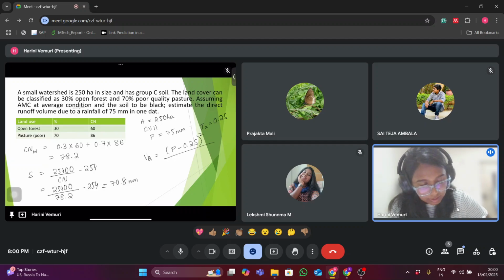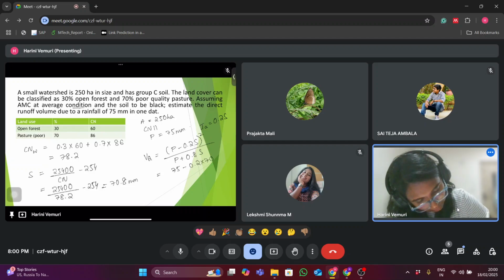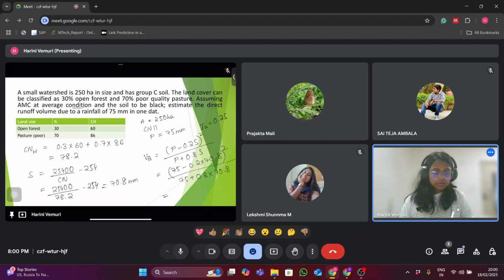So again using this formula, with 75, once we calculate it, the runoff amount will be 28.11 mm.